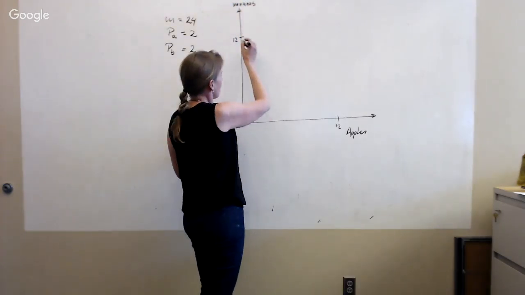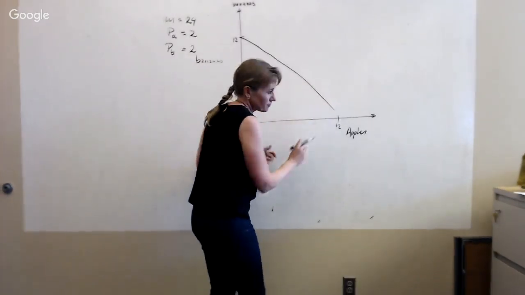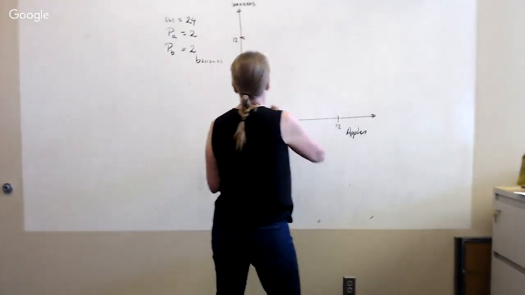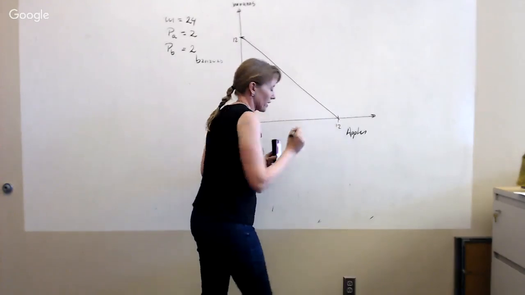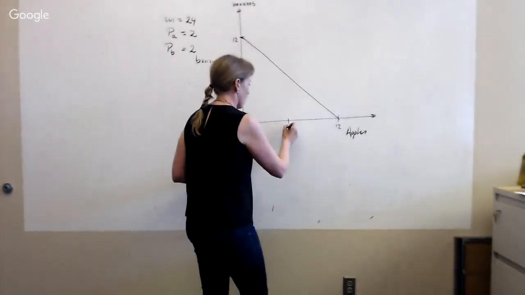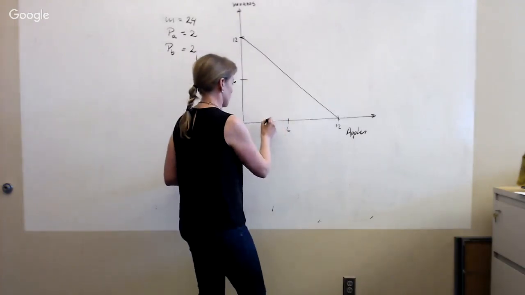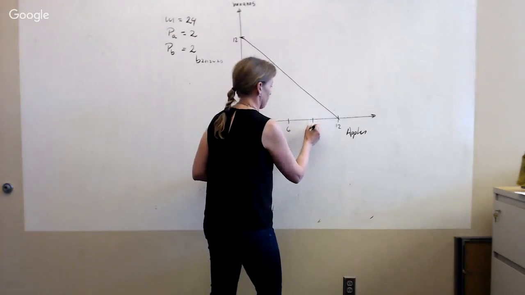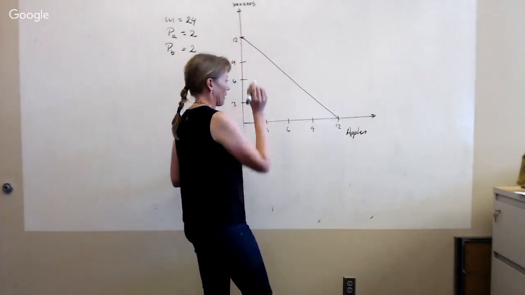Okay, and we can construct our budget constraint to look something like this. And I'm going to just mark some points on it because we'll be referencing these points later.